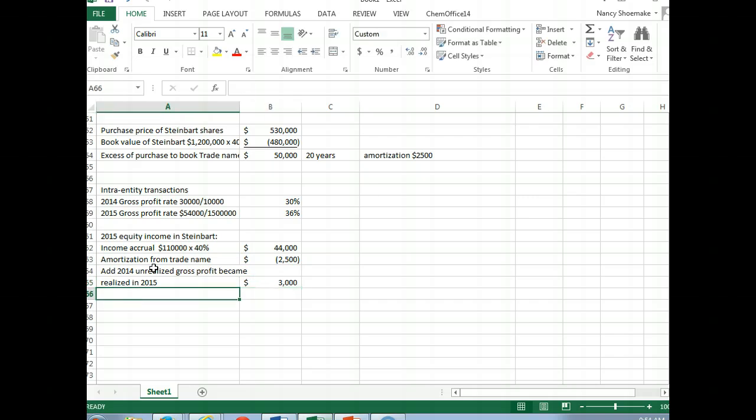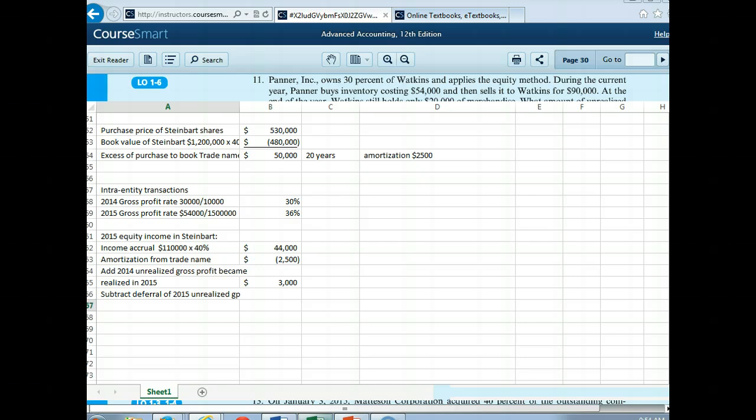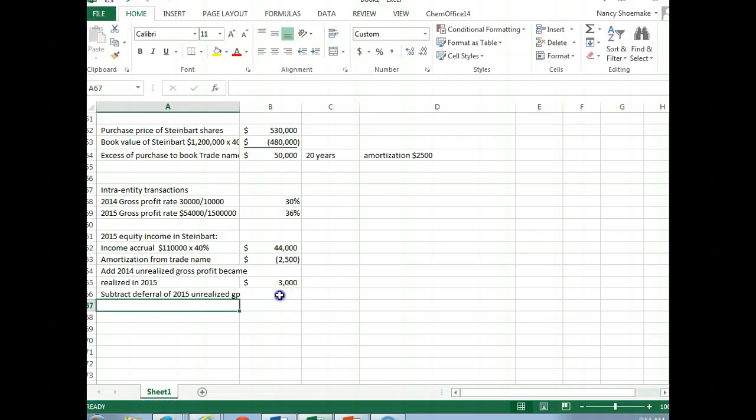Now we're going to have to subtract the deferral of 2015 unrealized gross profit. And the way we're going to determine that is 45,000 times 36% times 40%. You get 6,480. It's minus 6,480.